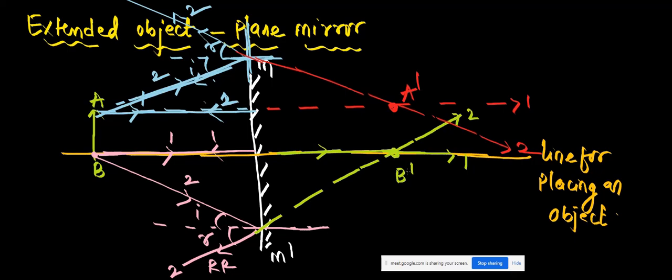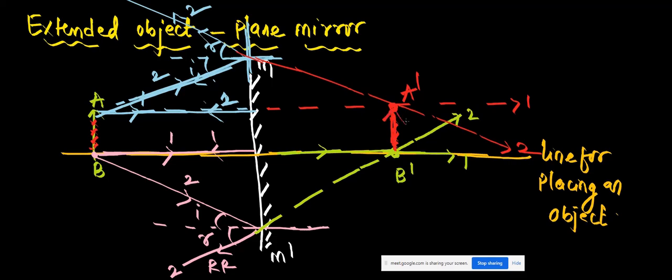If you take any point between A and B, the image will lie between A dash and B dash. So no need to take those. You need to take the top point and the bottom point. For any point in between, the image will lie between A dash and B dash only, so no need to do that. Directly you can take A dash, B dash.